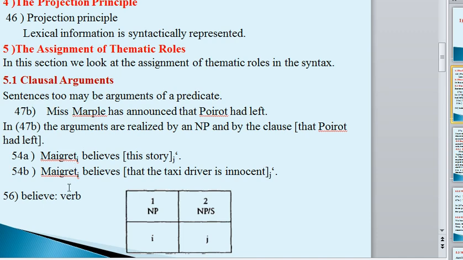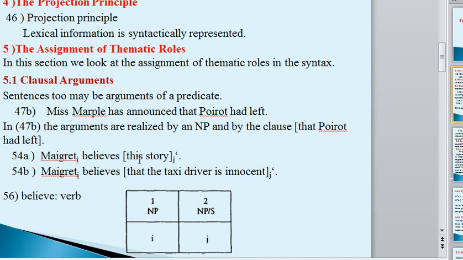Look at these examples. Margaret believes this story, and Margaret believes that the taxi driver is innocent. You see here, the verb believes in the first sentence needs two arguments. The first one is Margaret, a noun, and the second one, this story, again is a noun.